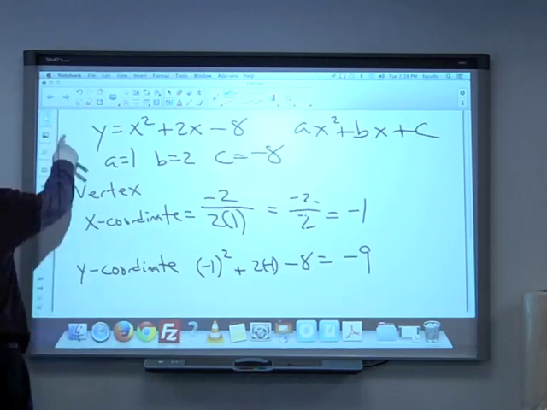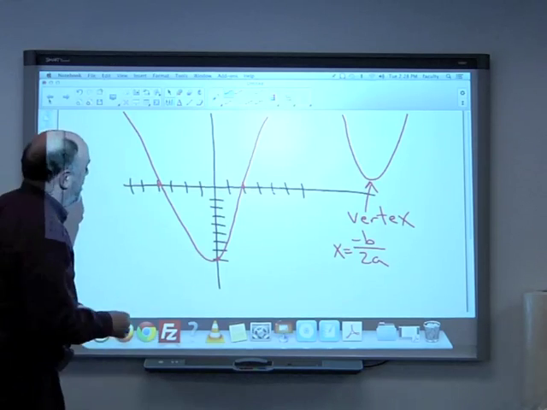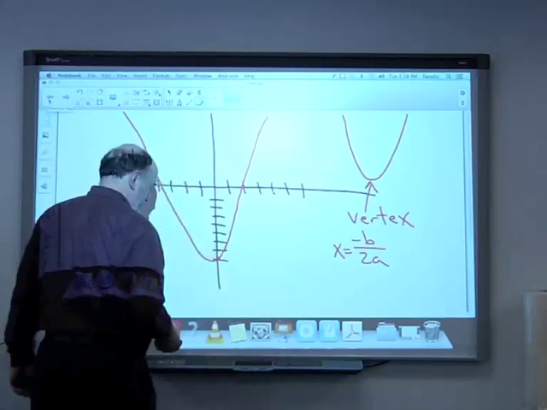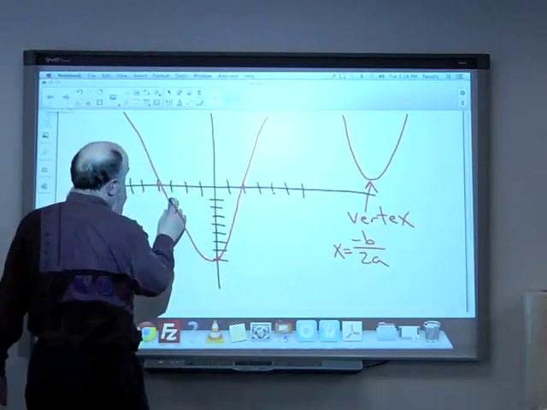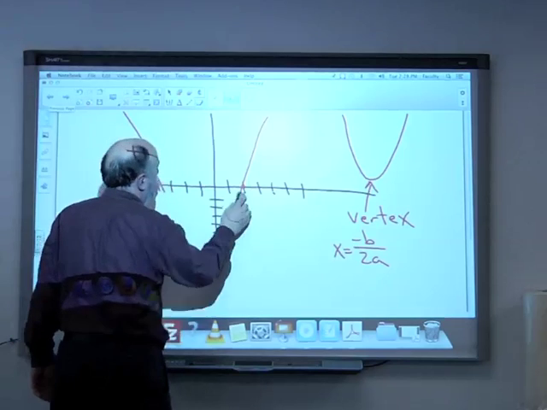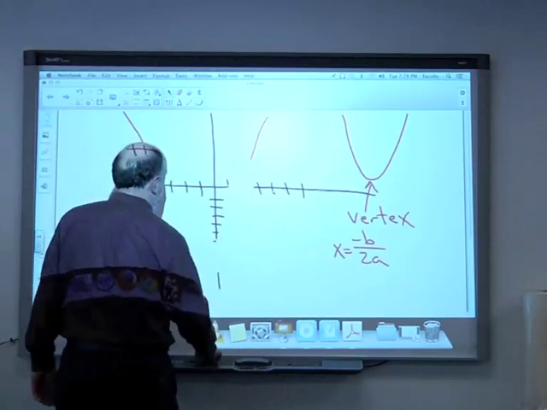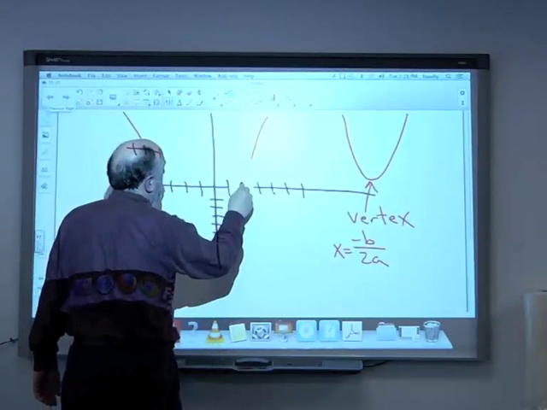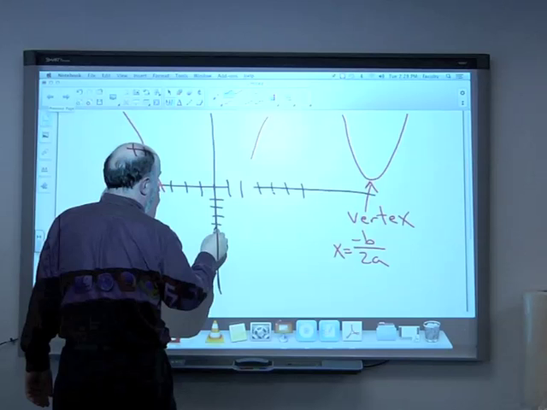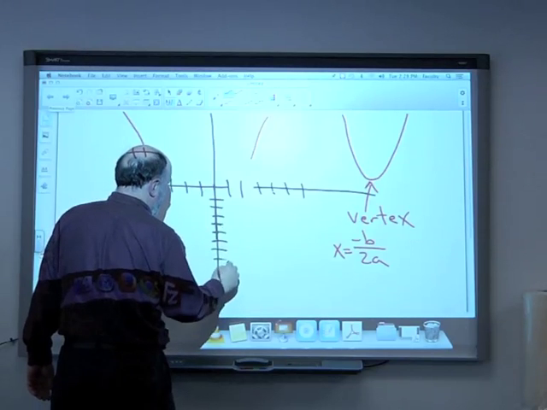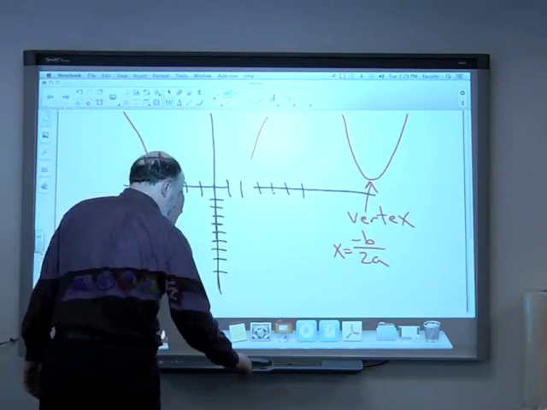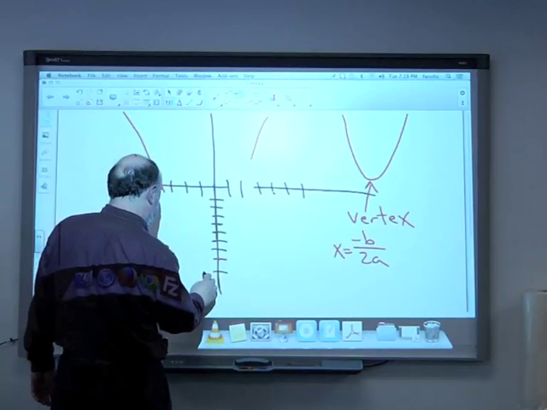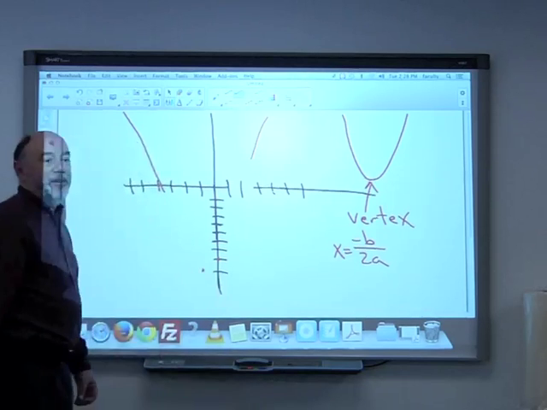So now if I go back and fine-tune my graph a bit, now that I know what my vertex is, I know the y-intercept was here, and I now know that the vertex point is over here.